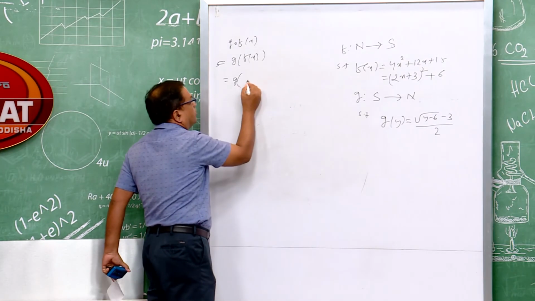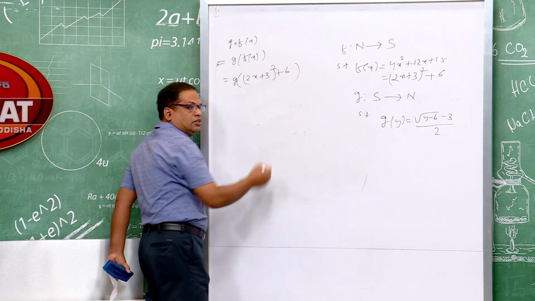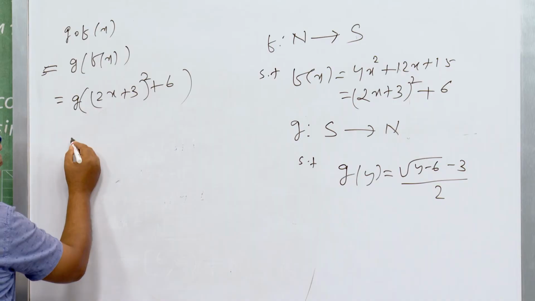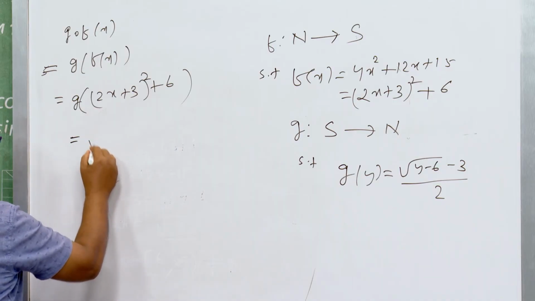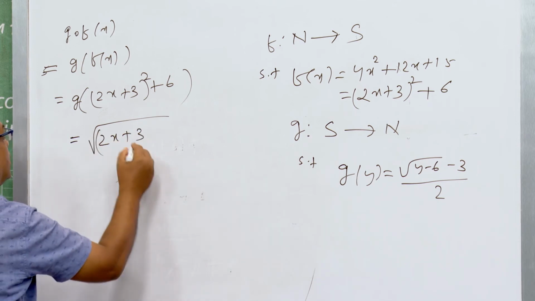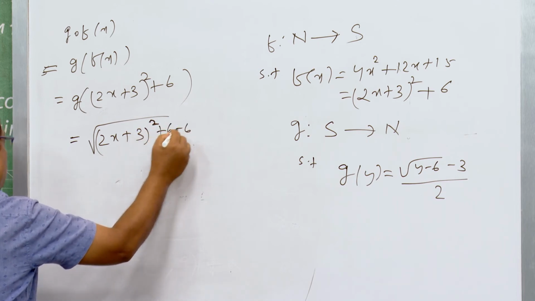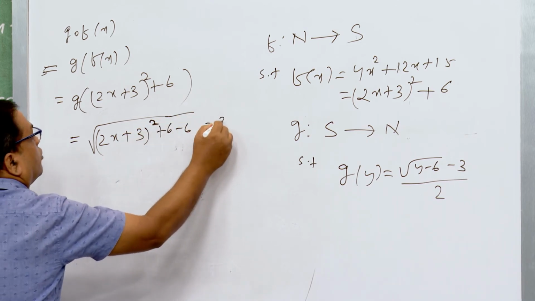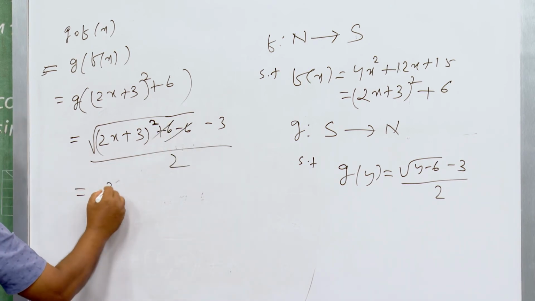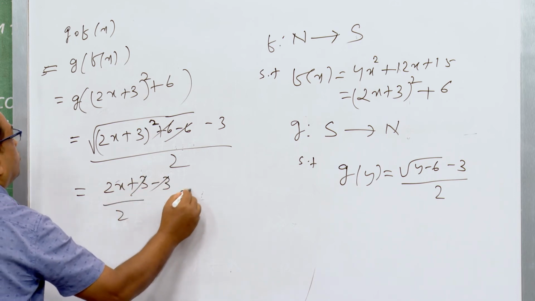So g of 2x plus 3 whole square plus 6. Now this will be root over, you apply there 2x plus 3 whole square plus 6 minus 6 minus 3 by 2, it is cancelled out and it becomes 2x plus 3 minus 3, it becomes 6.